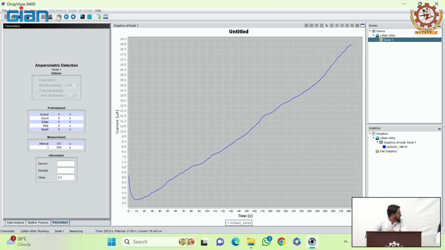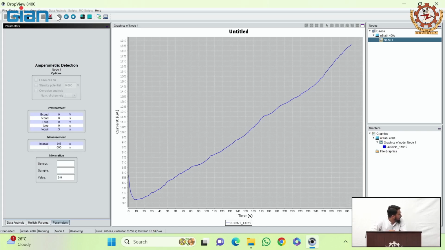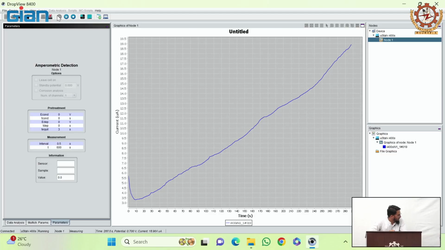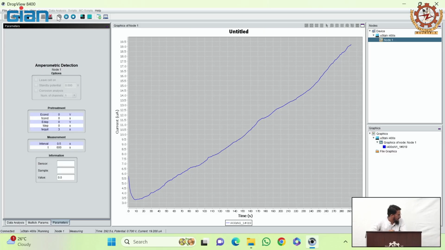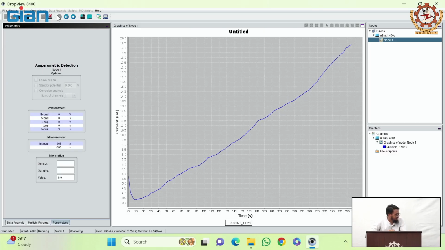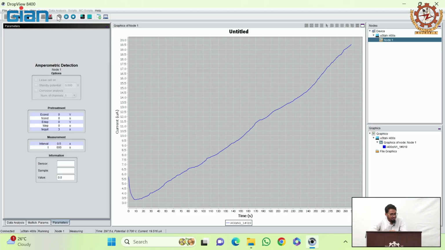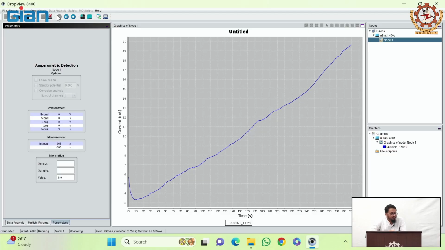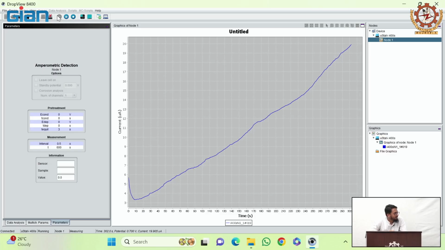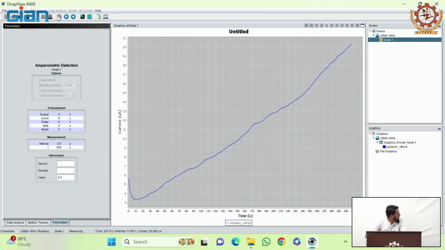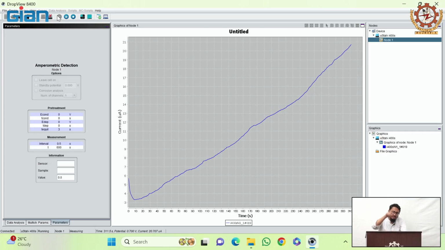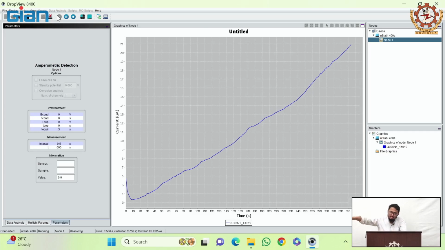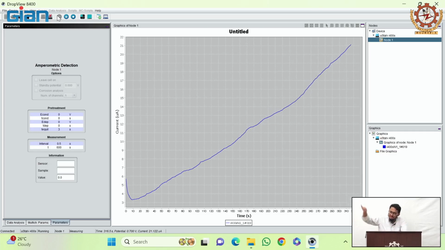What's the time? 250 seconds completed. 300 seconds, almost half. No, let it run. Generally amperometry curves start, then go down and then stabilize, but maybe due to noise it's not stabilizing, it's rising slightly.